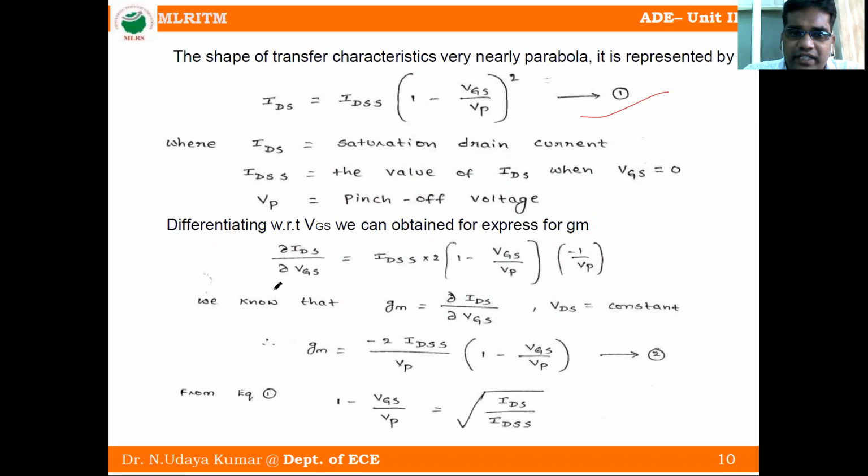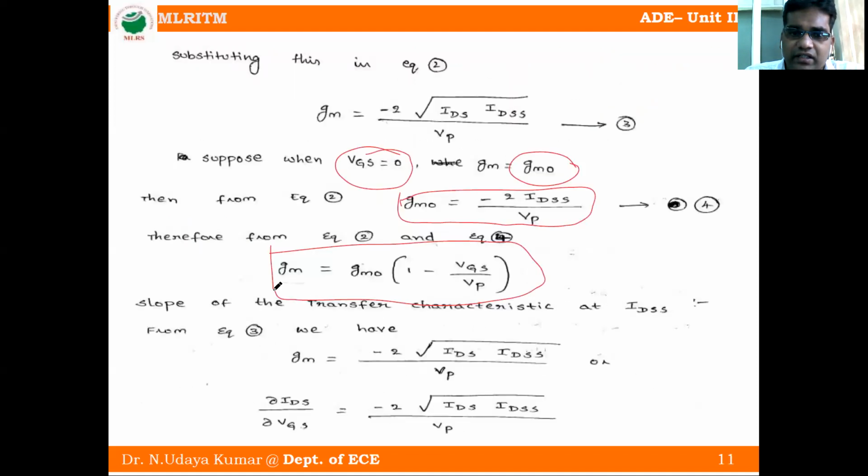IDS is, with D for drain current and S for saturation, the saturation drain current. IDSS is the value of IDS when VGS is equal to 0. When VGS is equal to 0, the maximum drain current we call IDSS.